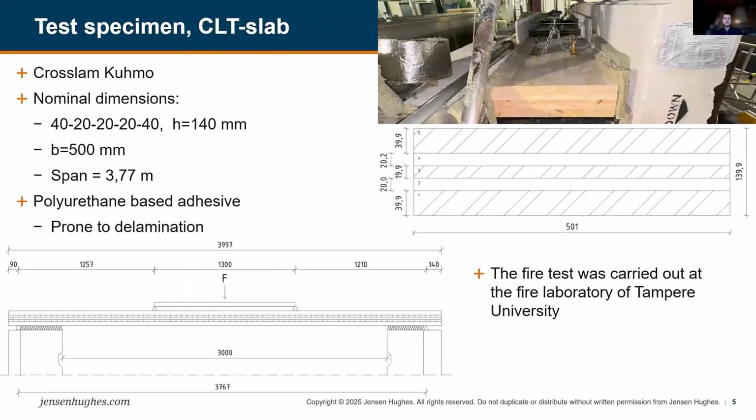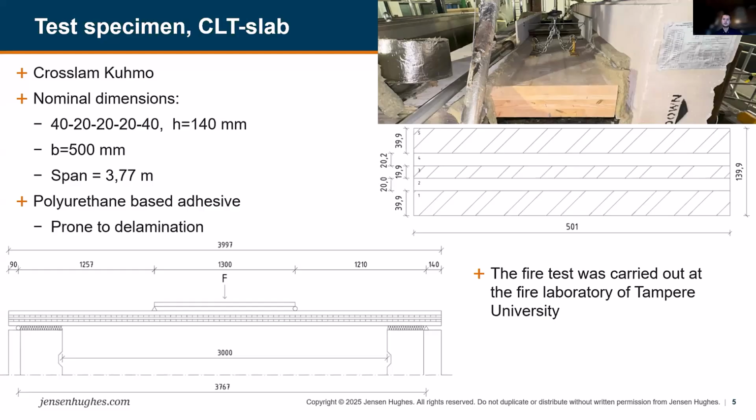So the test specimen we had was the CLT-slab from Crossland, Kuhmo. Its nominal dimensions were 40, 20, 20, 20, and 40, with the total height of the cross section 140 millimeters, the width of 500 millimeters, and the span was 3.77 meters.